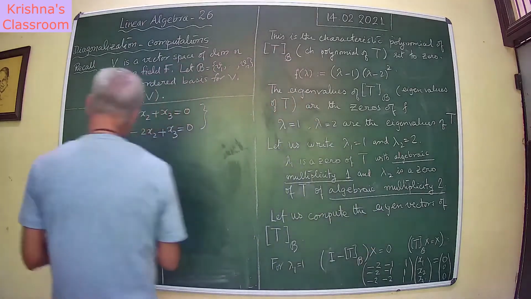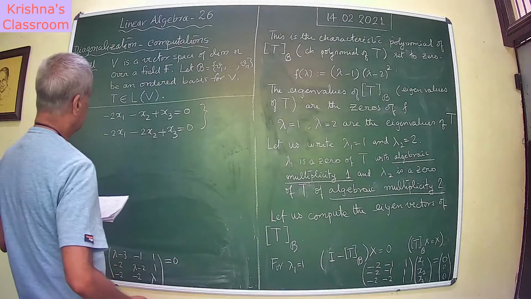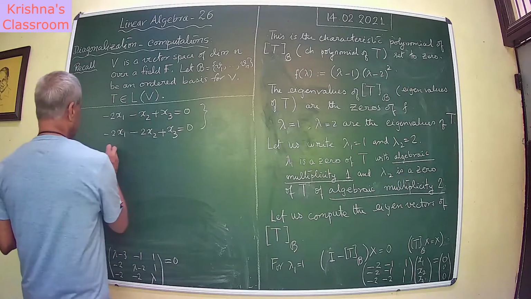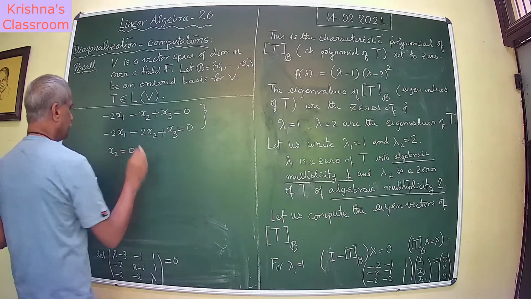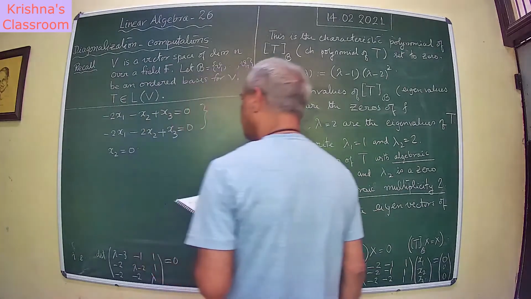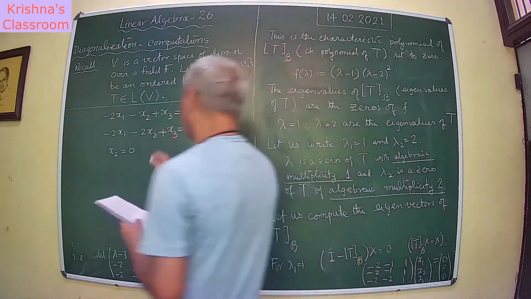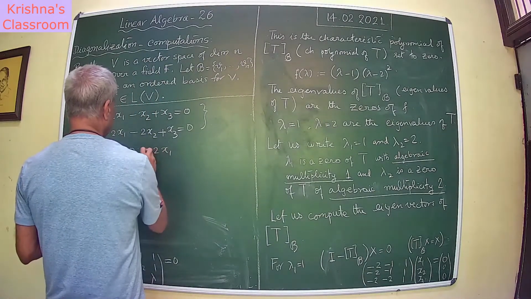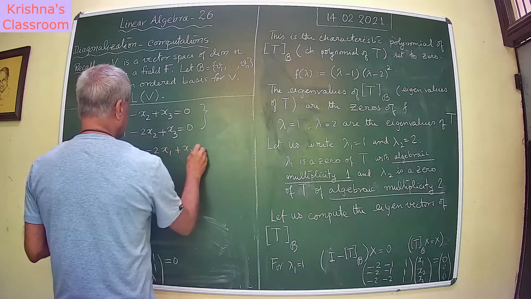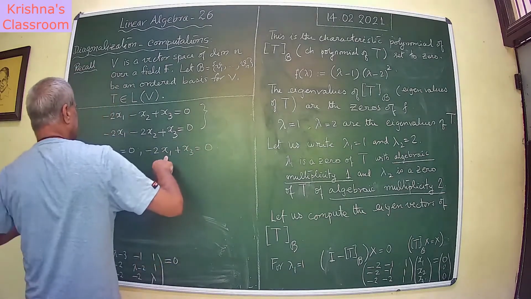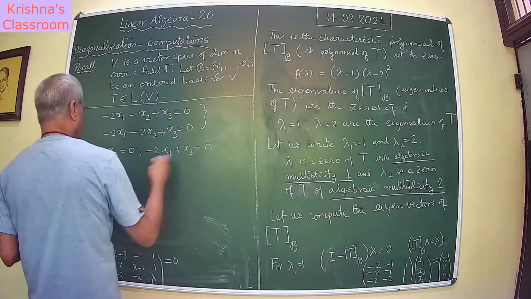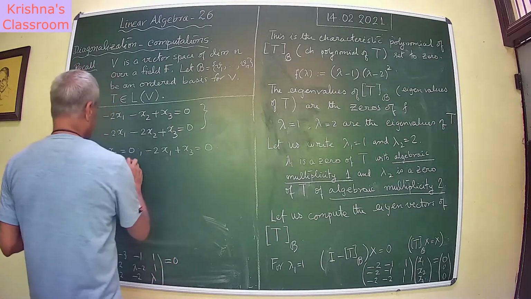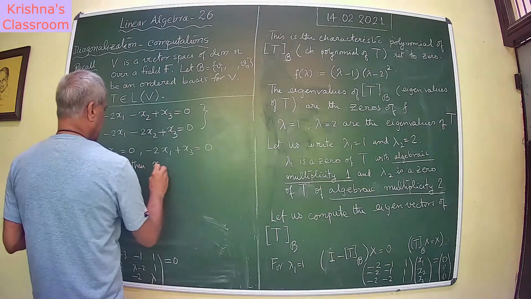So one observes that if you simply subtract, you will get x2 equal to 0, and then you have the same equation minus 2x1 plus x3 equal to 0. So we can choose x1 or x3 arbitrarily. Let us choose x1 equal to 1, and then x3 equal to 2.